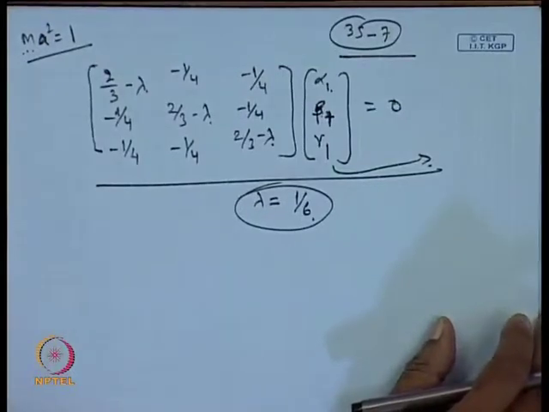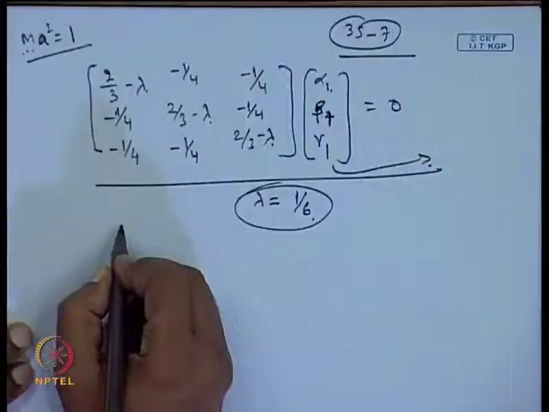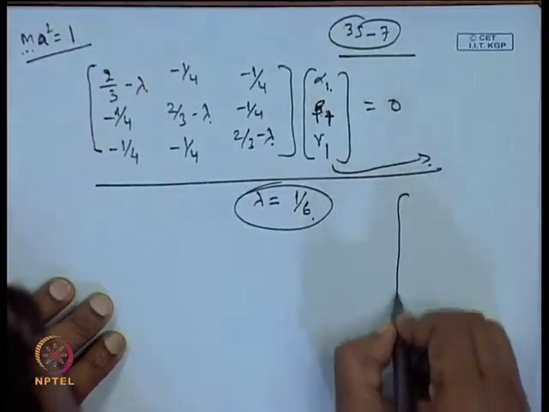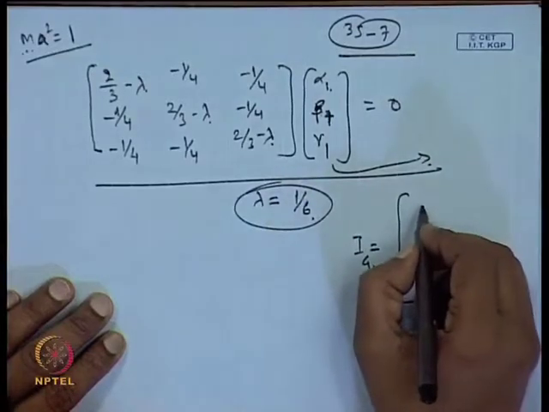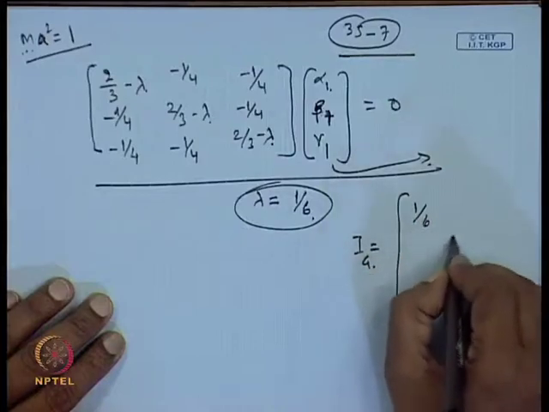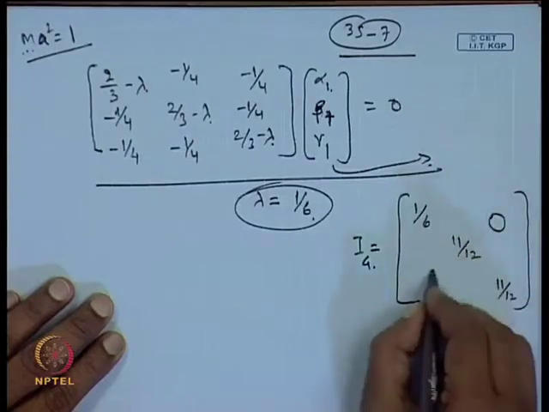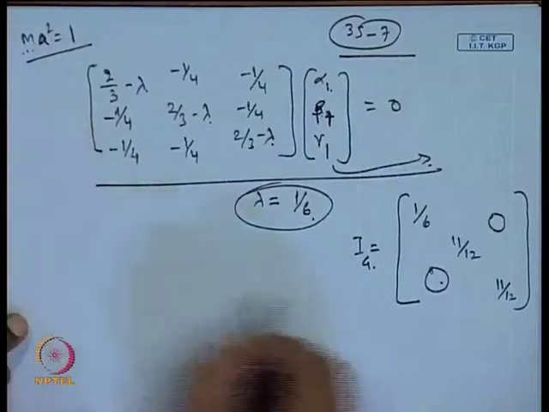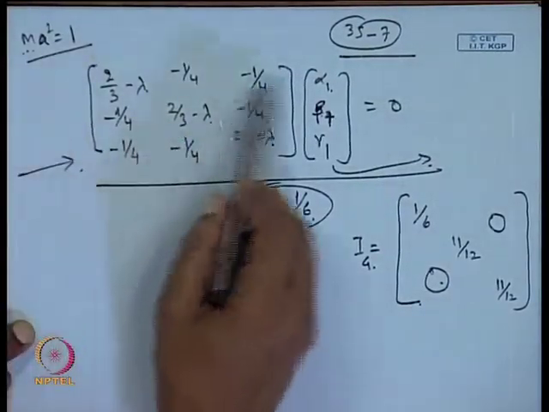So, if we take this value to be 1/6, then we need to solve. Basically, your inertia matrix is now looking like this, I g: 1/6, 11/12, 11/12. Okay. Off diagonal terms are 0. So, we are choosing the original equation where we try to find these eigenvalues.